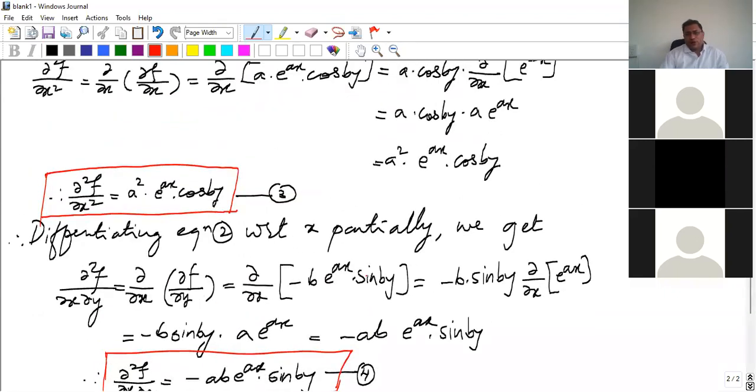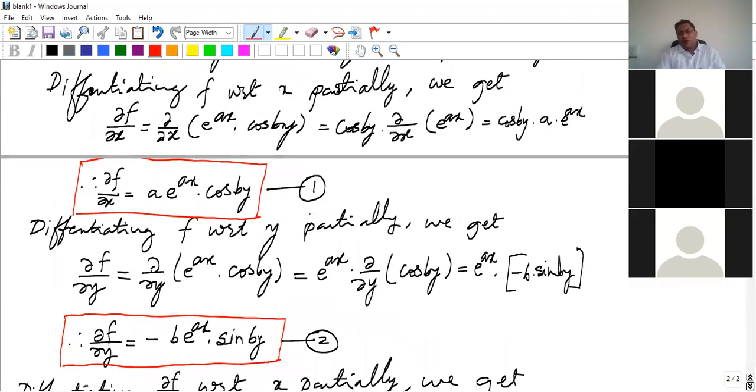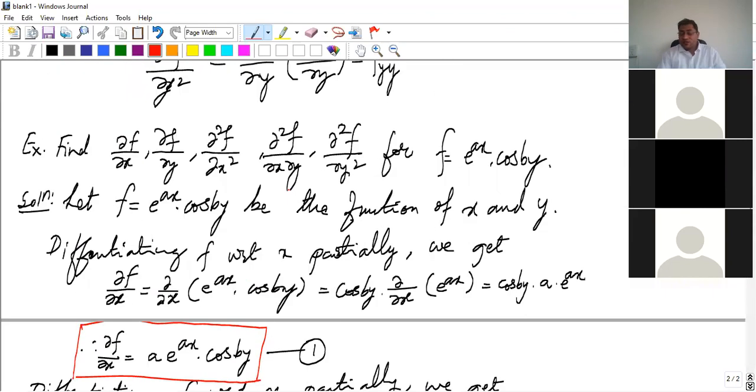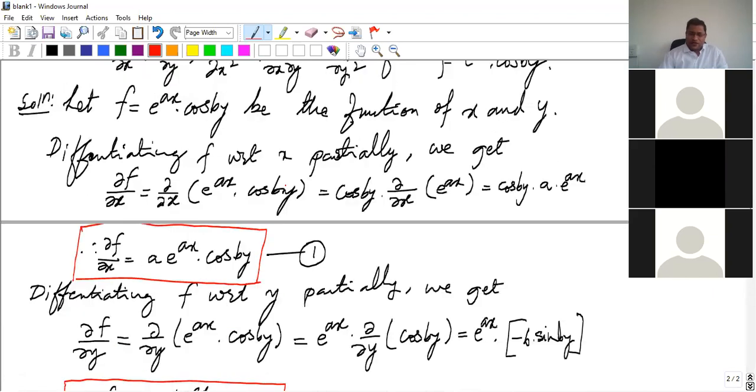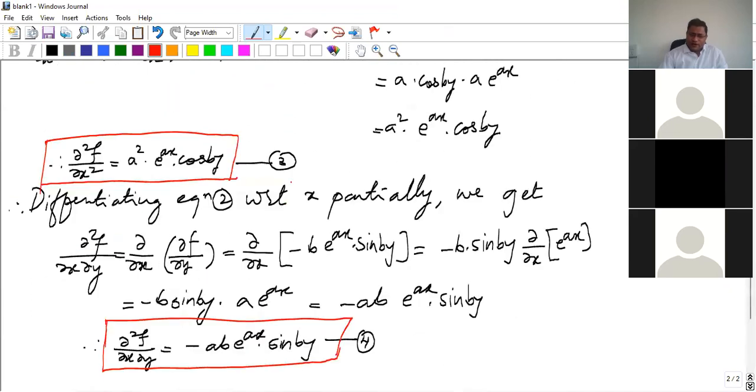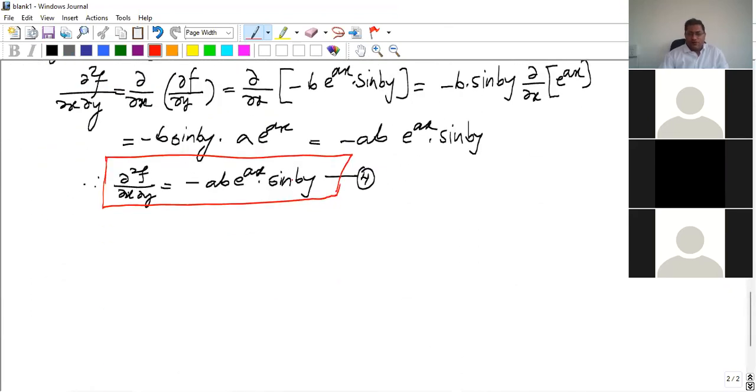Now, what is the next derivative that we want? We want ∂²f by ∂y². That means we want the derivative of ∂f by ∂y with respect to y again. So let us try to find it.